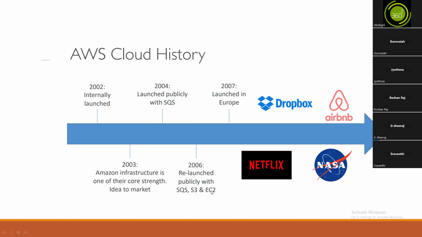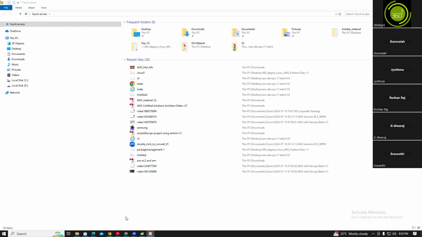They are provided as services, guys: EC2 service and S3 service. First it launched in the US, then in 2007 it launched in Europe. Now AWS is global, everywhere.